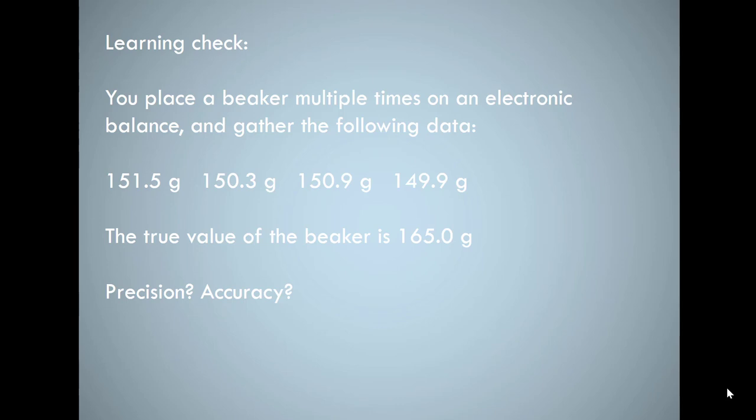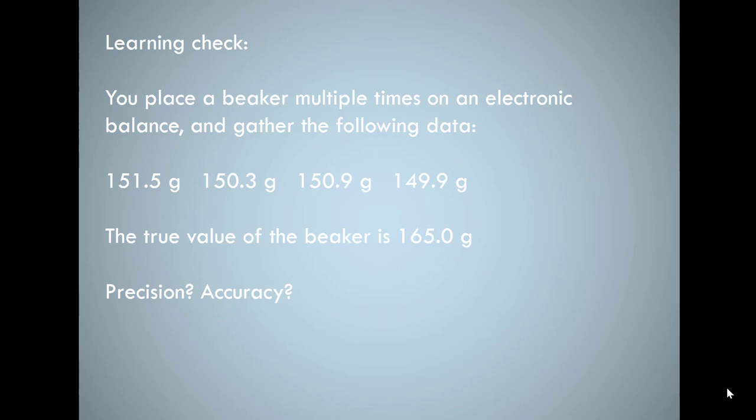So let's go ahead and look at precision and accuracy. With precision, you would look at the difference between each measurement. You can see your low value is 149.9 and your high value is 151.5. And really for an electronic balance, that's way off. So you would say you have poor precision.